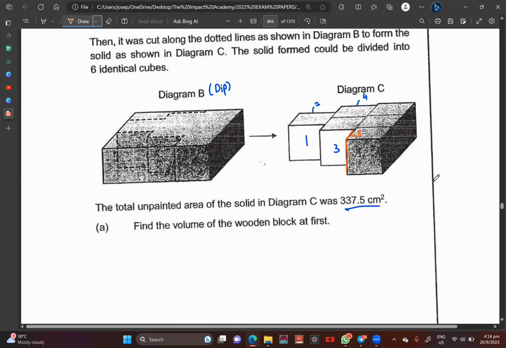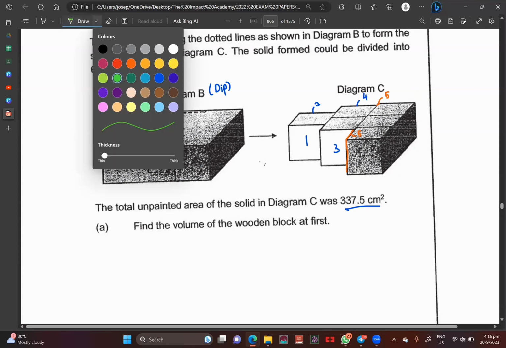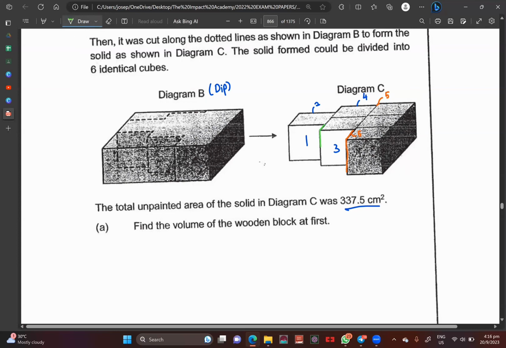However, this on its own is not a square. We have to add another part on the other side, so this will also be called 5. When I put them together, that's when it forms a square. We want to make sure everything is the same so that it will be easy for me to divide later. But I'm not done because there's another part here, which I call number 6, and we have another one over there.